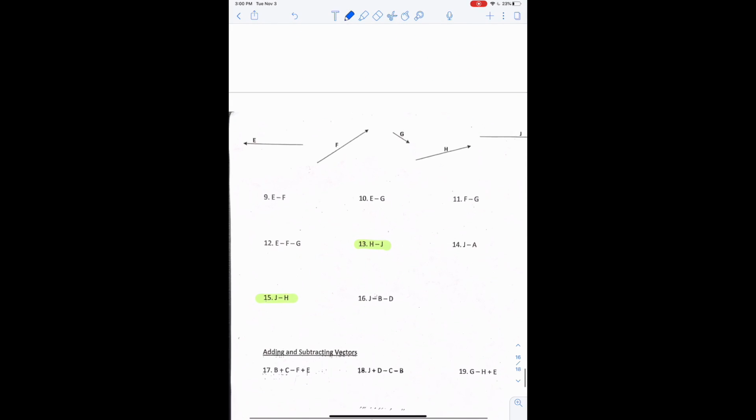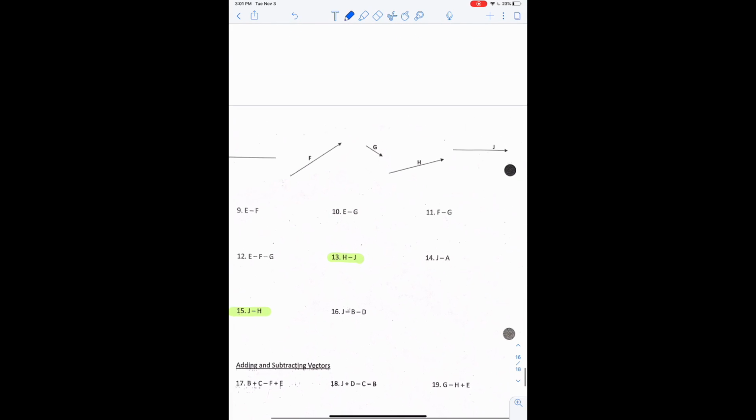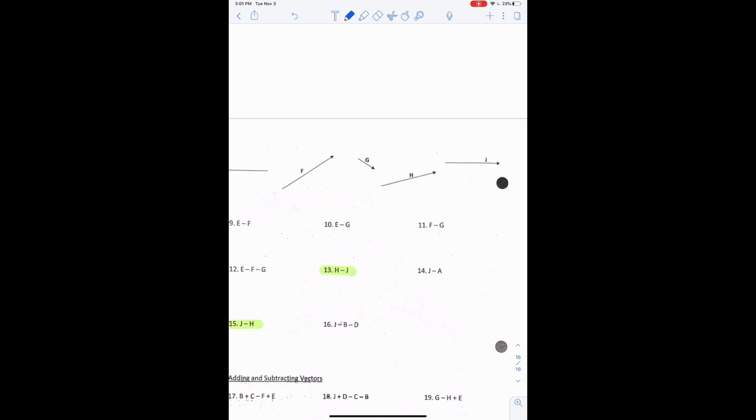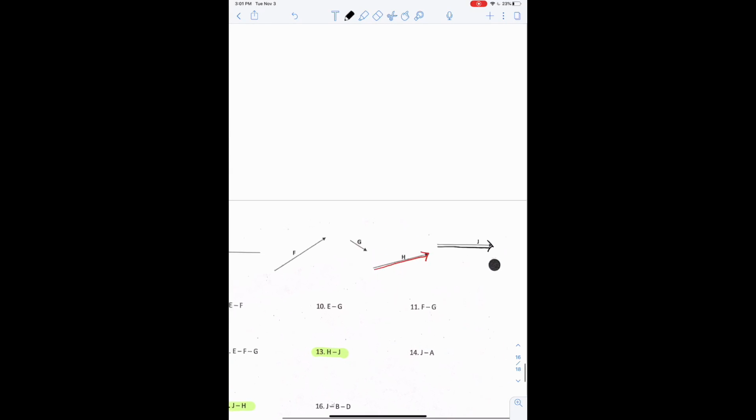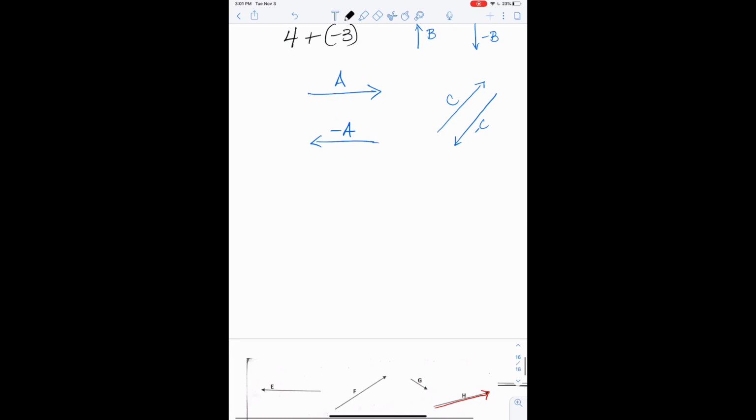So coming down here to H minus J. Here's H right here. We'll use a different color here. Let's use red. And J is going to be this vector. We'll use black. So we have H minus J. Let's think about this. What we're saying is we have H minus J. This is the same as H plus negative J. What the heck is negative J then?